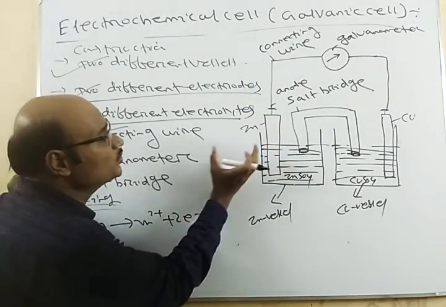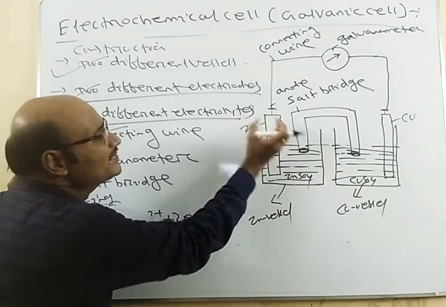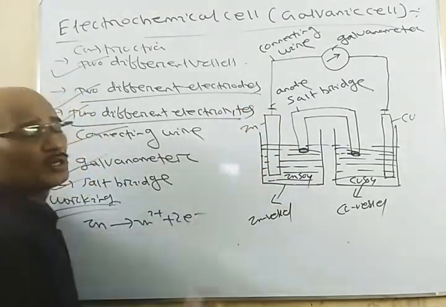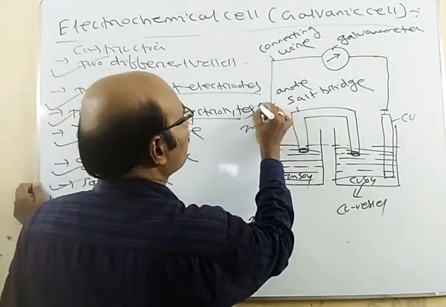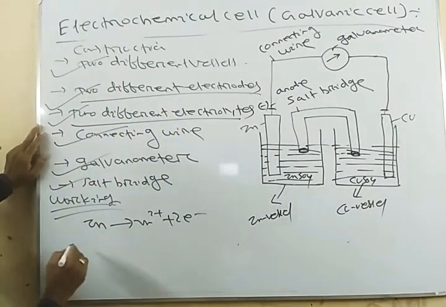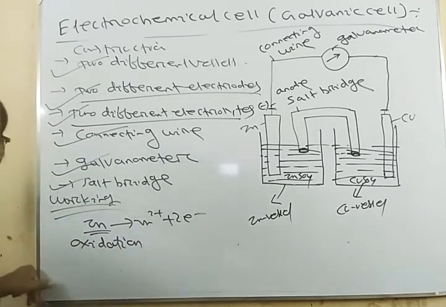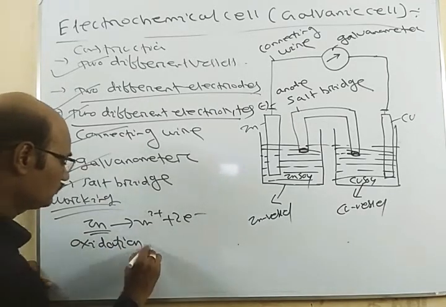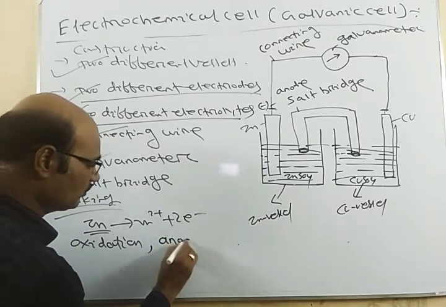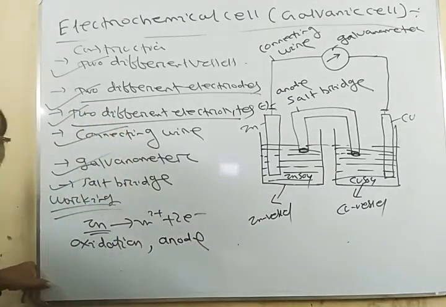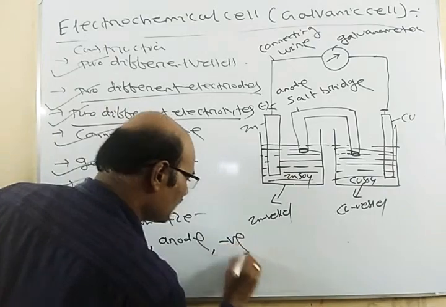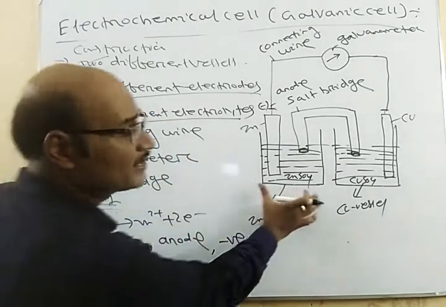Because the electrons are released here, this electrode is taken as the negative electrode. So oxidation taking place at the zinc electrode is taken as the anode, the charge is negative, and it is on the left side.